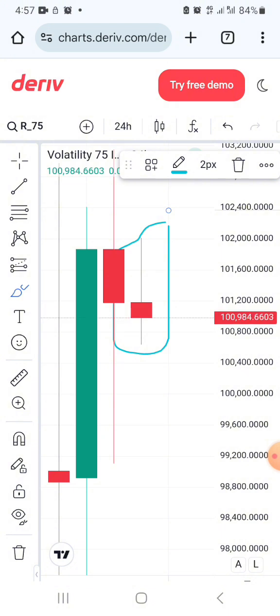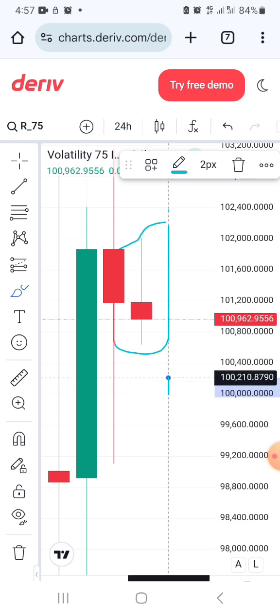Let's say that now we are looking for the entry. Right now we have to take the sell opportunities, guys, because the daily candle is giving us a sell bias. So the next step is to go to the 15 minute, guys.